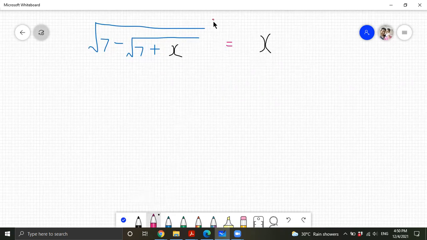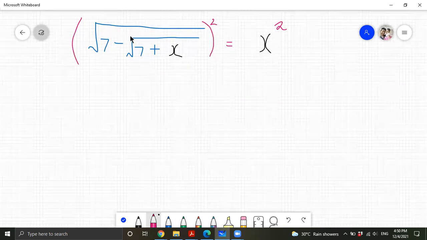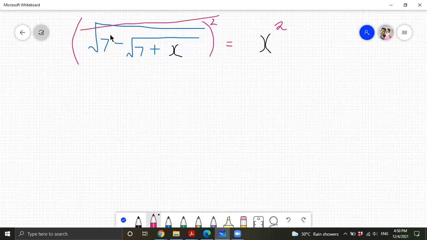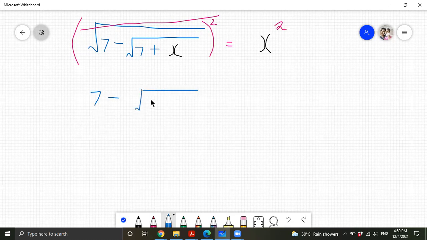So we just square this side. If we square the left hand side, we need to also square the right hand side. If we square the whole thing, the square and the square root will cancel out. What will remain is 7 minus the square root of 7 plus x, which is equal to x squared, right?